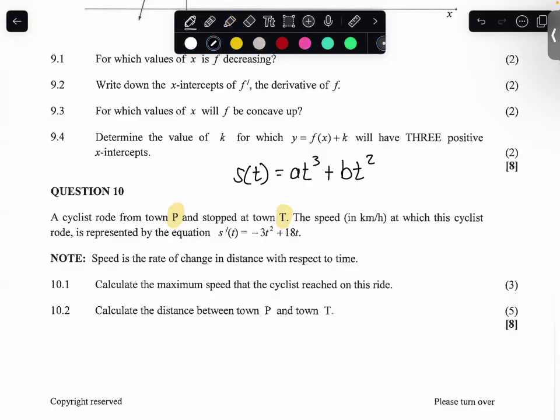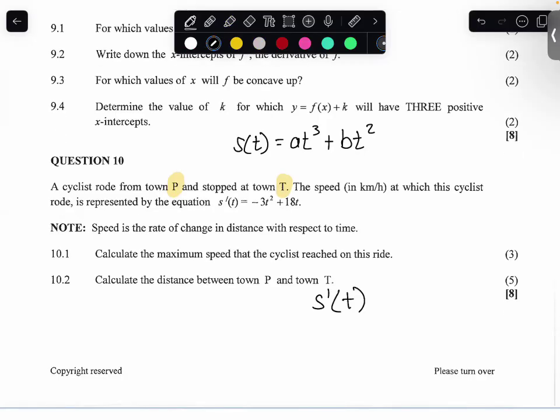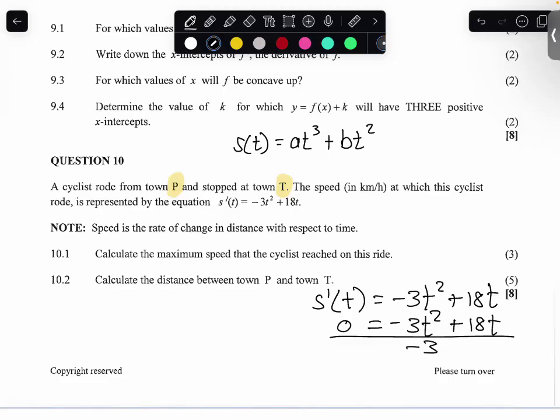The way that I'm going to calculate it is by calculating at what time the equation, which is S prime t, equals 0. Right. This I'm going to divide right through by minus 3. So that gives me 0 is equal to t squared minus 6t.